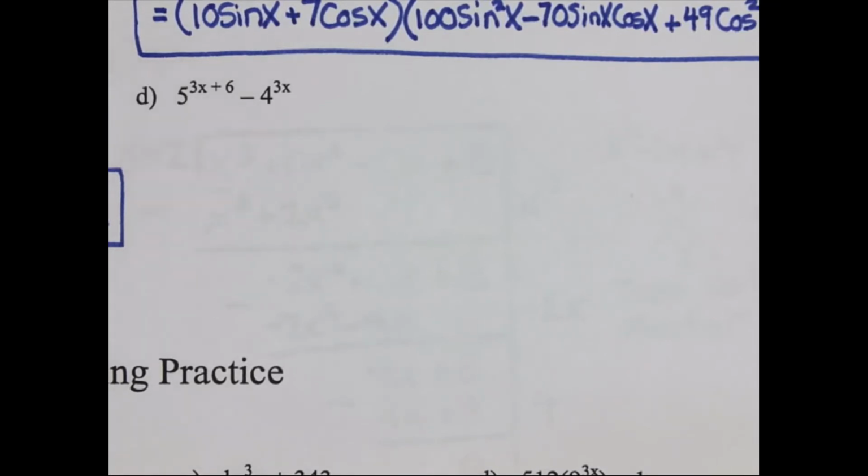Now 5 and 4 are not perfect cubes, but they don't need to be because they are the base. They are what is holding up the exponent. It's just like having x down here, right? That 5 and 4, they don't have to be perfect cubes. But the exponents do need to be a cube, which means it needs to be divisible by 3. So something is a cube if the exponent is divisible by 3.